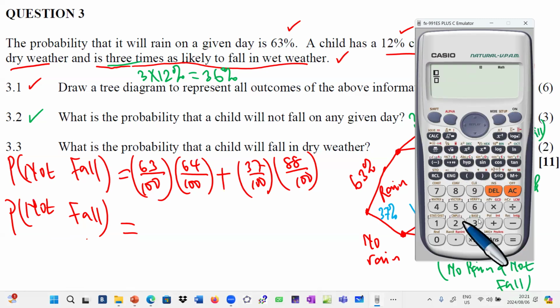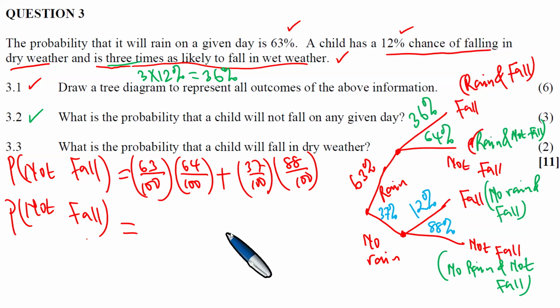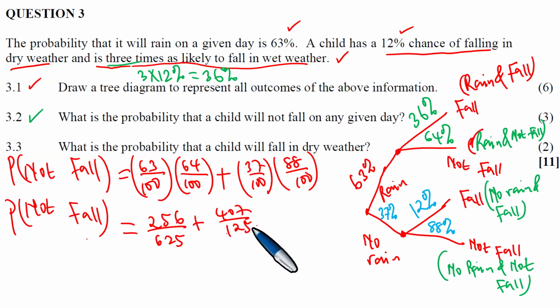This is 63 over 100 times 64 over 100, and that is exactly 252 over 625, plus doing this one is 407 over 1250.